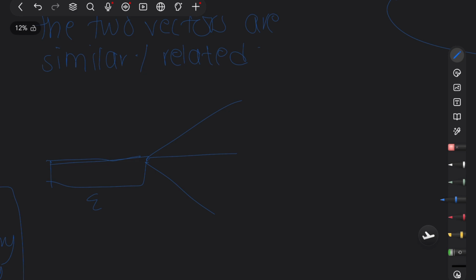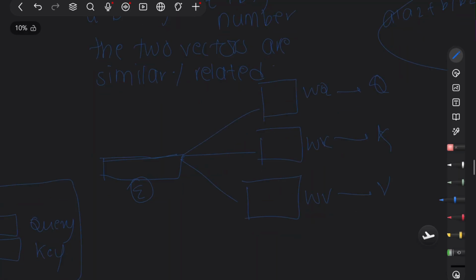This solves the problem that I said earlier, that the model could not optimize the values in this embedding to optimize the output, right? So we introduce three learnable parameters. These are three learnable matrices that are multiplied to this embedding: WQ, WK, WV. Then we would get Q, K, and V.